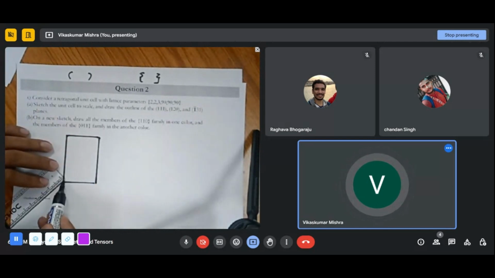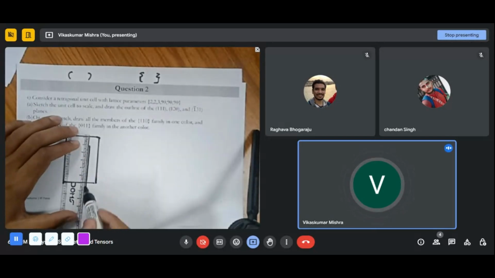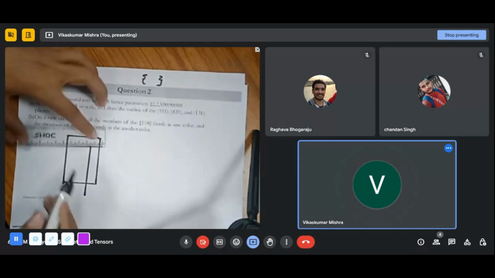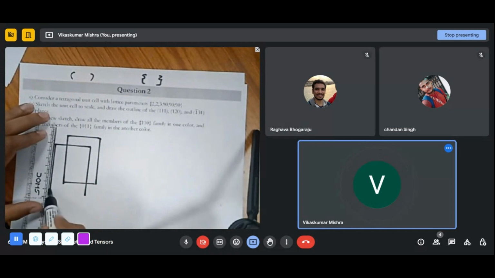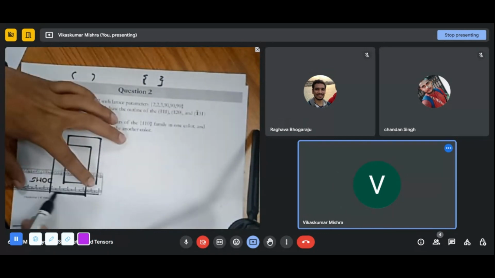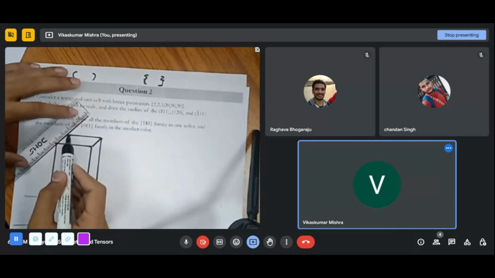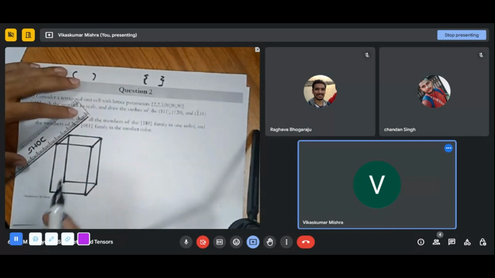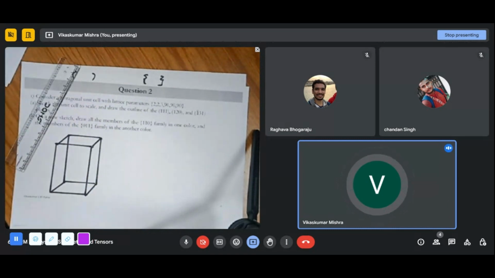It won't be 100% perfect since the paper restricts us to two dimensions only. Okay, so let's draw it. So this is our tetragonal unit cell. I will check if I have some other color. Okay, yeah, I have blue also.